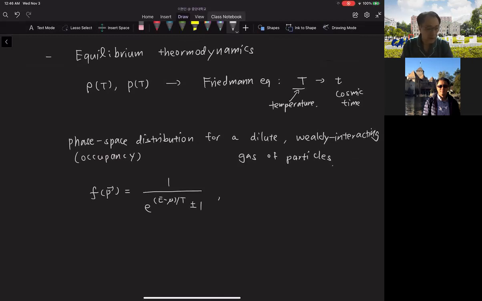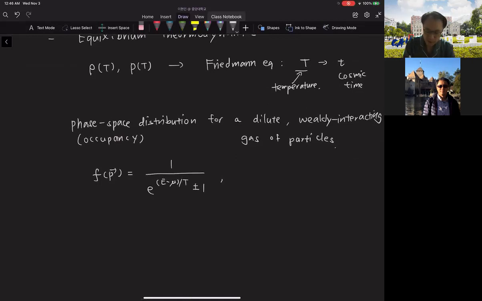Here, plus sign for Fermi-Dirac statistics, so half-integer spin, and minus for Bose-Einstein statistics, which is for integer spin particles.